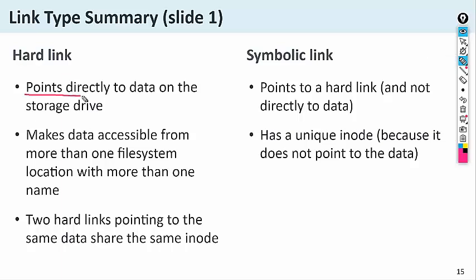A hard link points directly to the data on the storage device. For example, what is a file? A file actually has some virtual information of storing the data in specific blocks, because data is stored in a hard disk, and when data is stored in a hard disk, it is stored in the format of blocks.